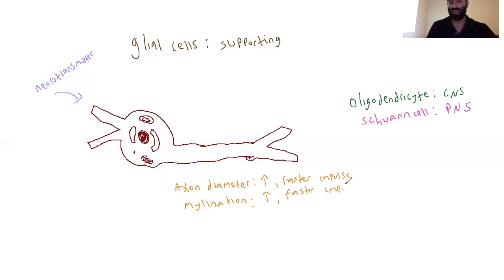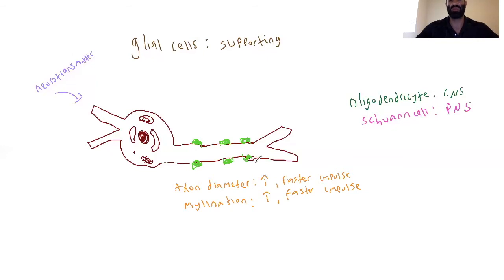Now, what is myelination? Well, these cells, whether they're Schwann cells or oligodendrocytes, are cells that are wrapped around or located on the axon. And what they do is secrete a substance called myelin. The myelin is wrapped around the axon, kind of like wrapping duct tape around a pipe.